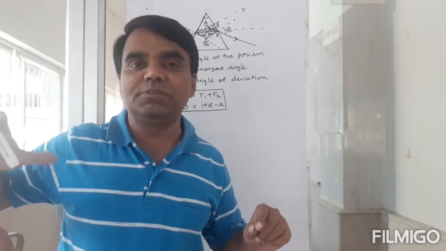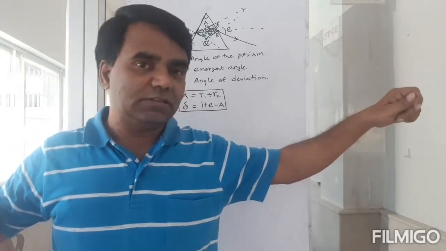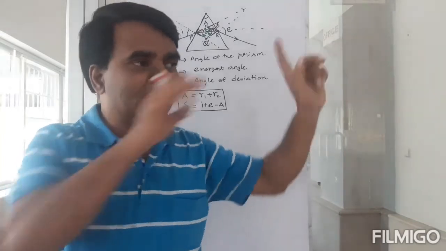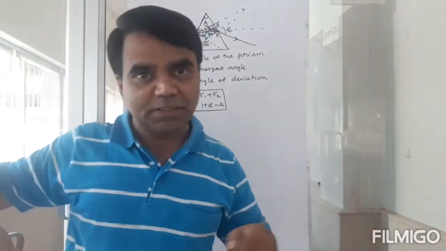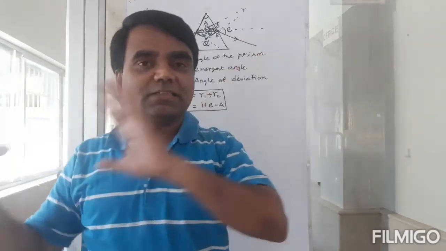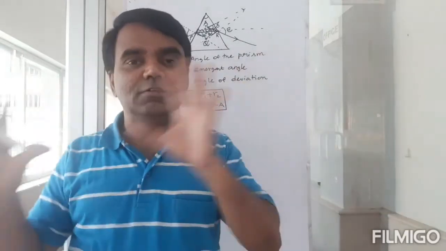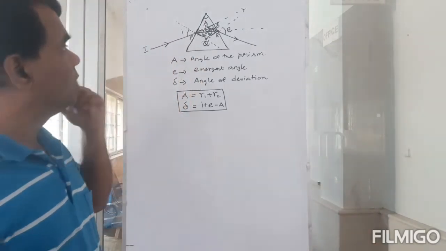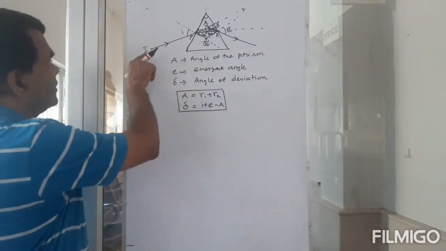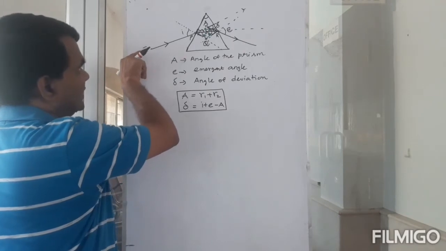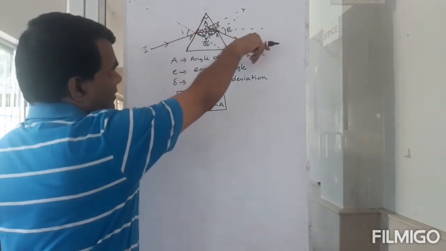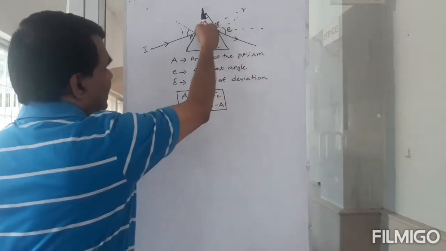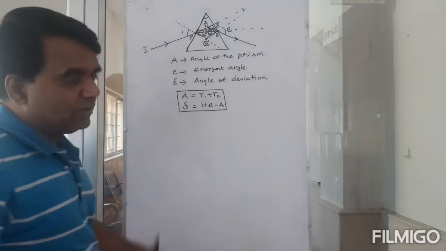Suppose I keep the object at one point and this is the place where I get the image, with a lens here. If I keep the object at the image point, then the new image will be the previous object point. So this retracing will take place as far as light is concerned. Likewise, if I take this as the incident ray, then this will become the emergent ray.